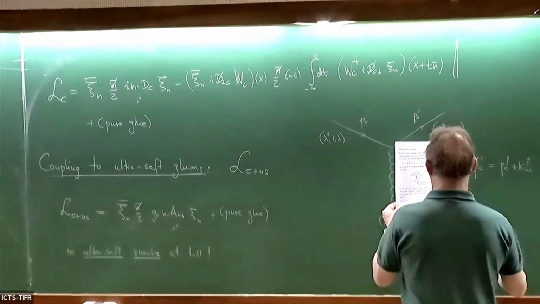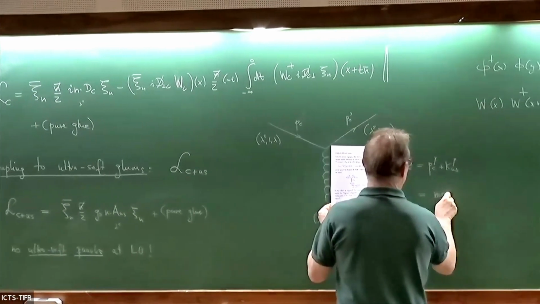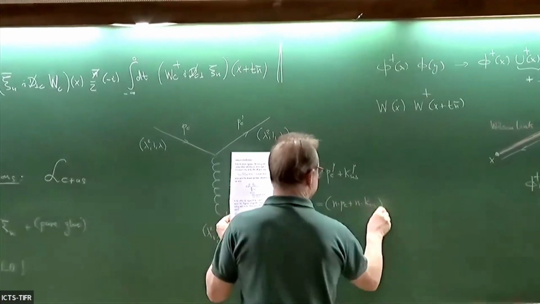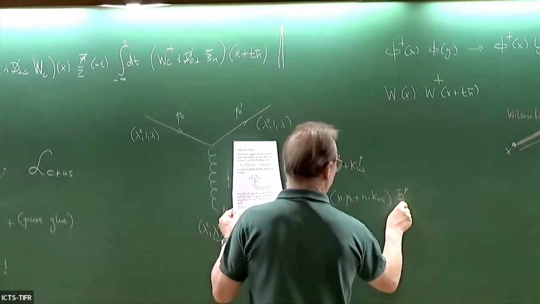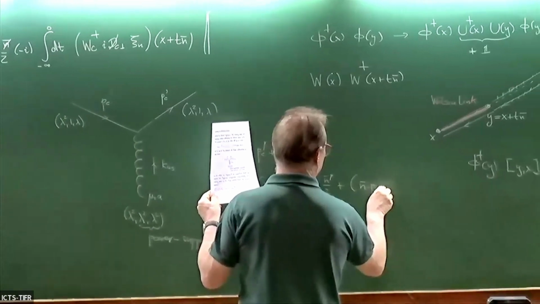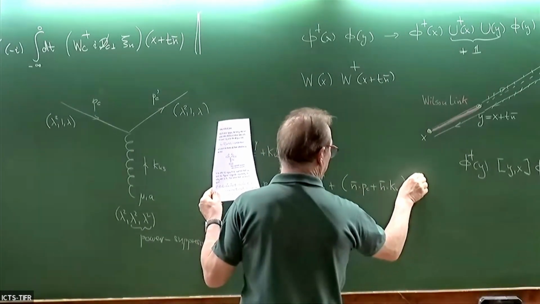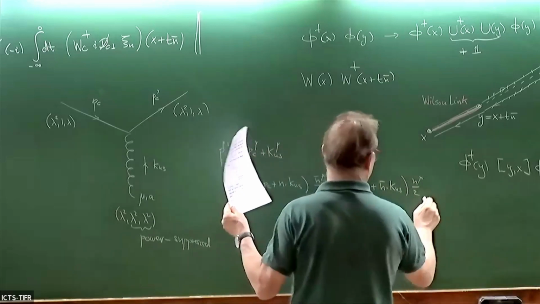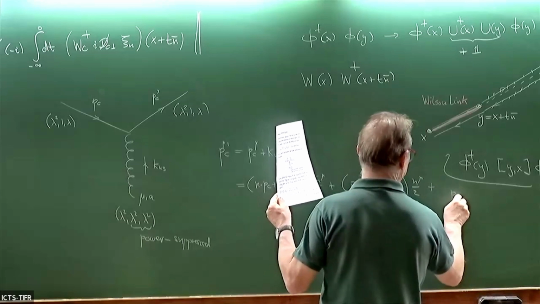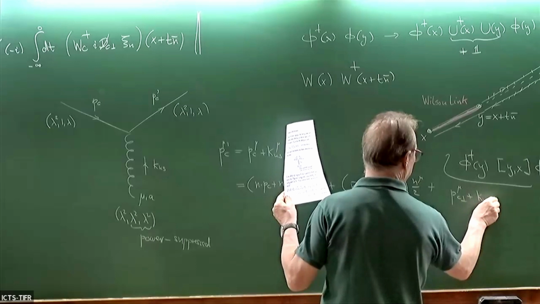And if I write this out in components, I get n·p_c plus n·k_us, times n-bar over 2, plus n-bar·p_c plus n-bar·k_us, times n mu over 2, plus p_c perp plus k_us perp.